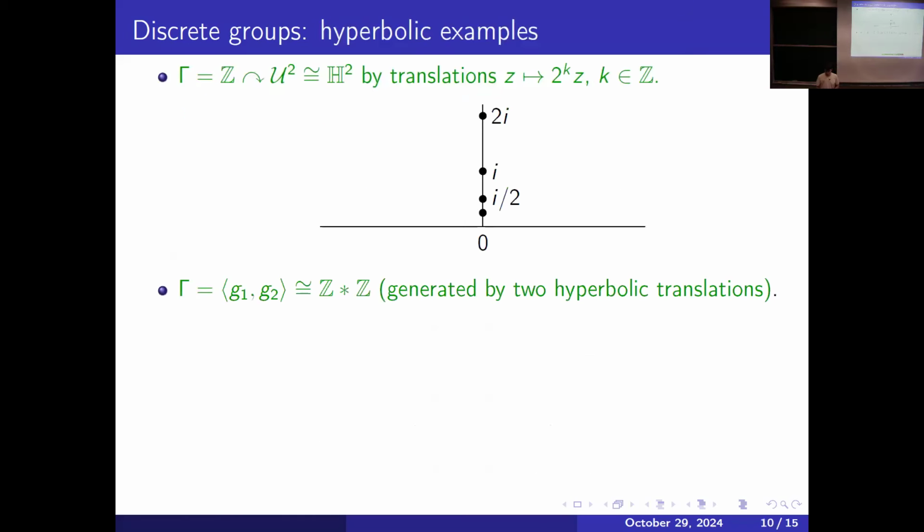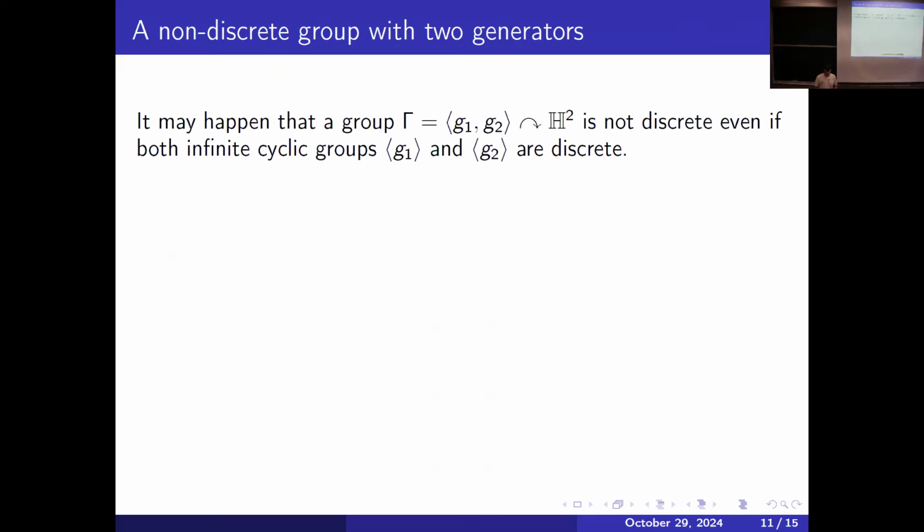And in the hyperbolic space, it's not the case. It may happen that a group gamma is not discrete if both G1 and G2 give you discrete infinite cyclic groups. And I just provide some concrete example. This example is obtained as follows.